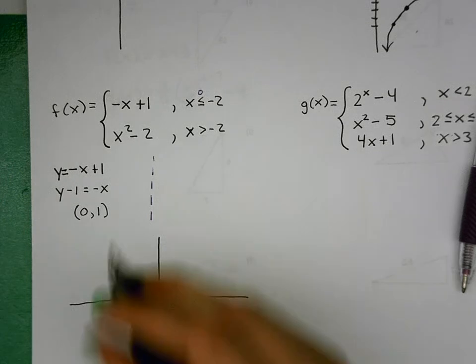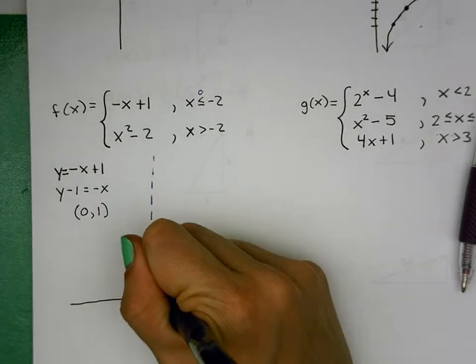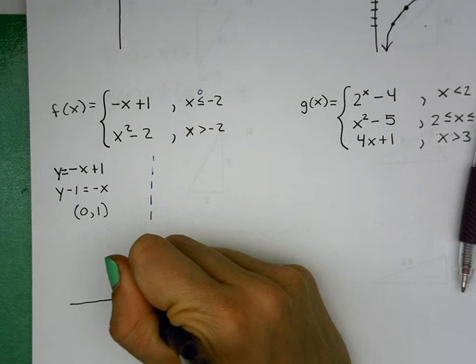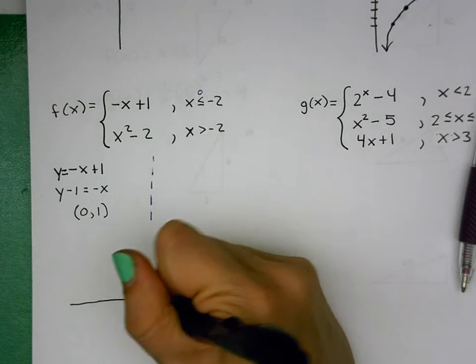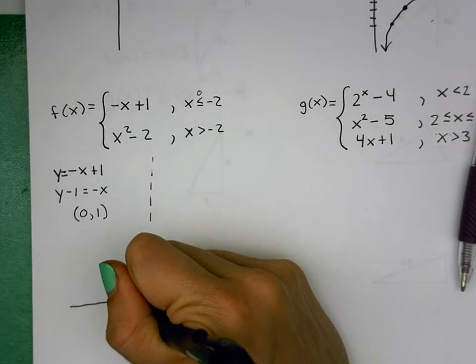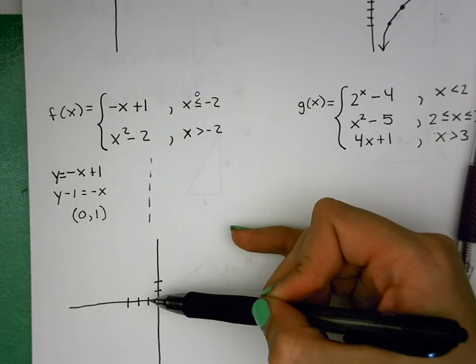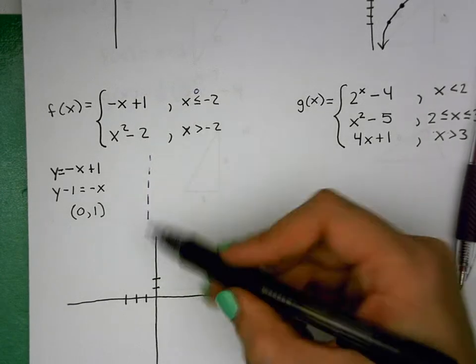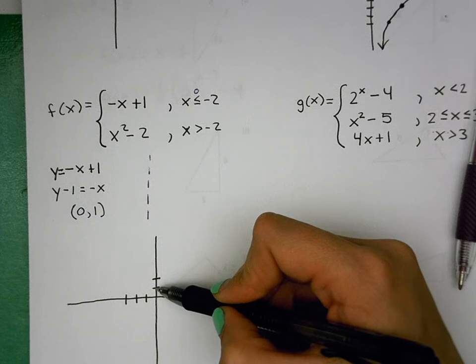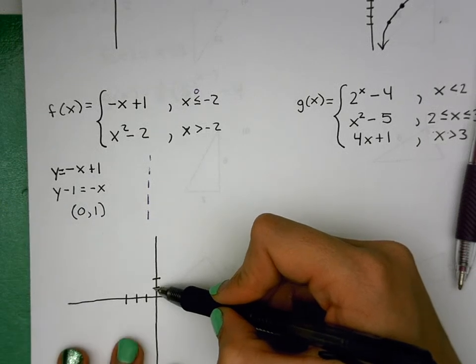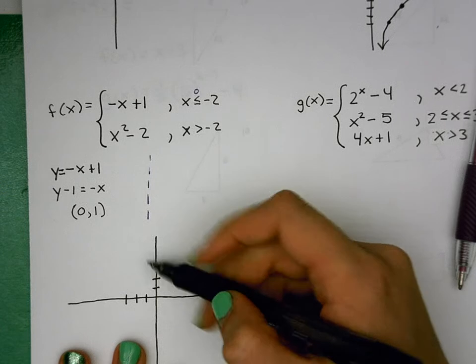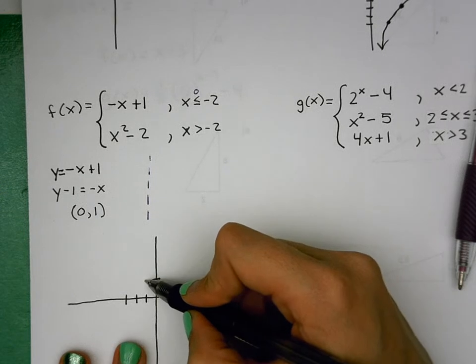For me, I'm going to go ahead and adopt a little bit of that lightly sketch. Now I'm not going to be able to lightly sketch because I'm working with pen, so I'm just going to point at where I would sketch. So if I plotted my first point at 0, 1, that would be here. And then if I did my slope of -1, I'd be going up 1, left 1. That would put me here. But again, I don't have a point there.